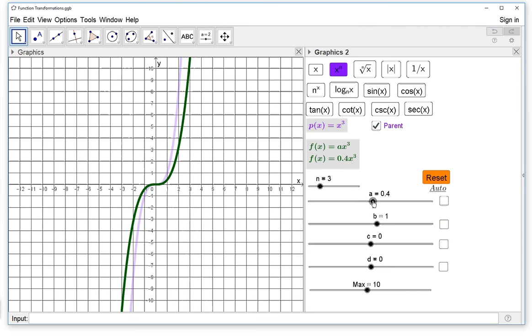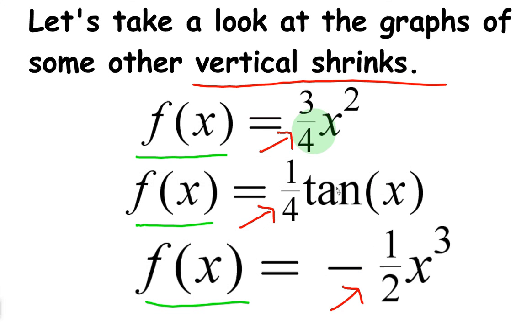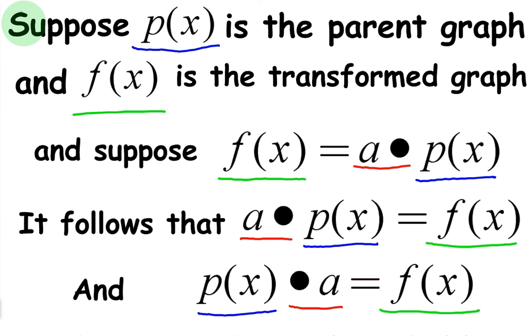But you can see what happens if a is 0.4 for 0.4x cubed, and what happens if it's negative 0.4. You're basically taking the graph when a is 0.4 and flipping it. So you could do either order, it wouldn't matter: flip first and then shrink the y values, or shrink the y values first and then flip it. Anyway, it is still shrinking the y values on top of the flip.